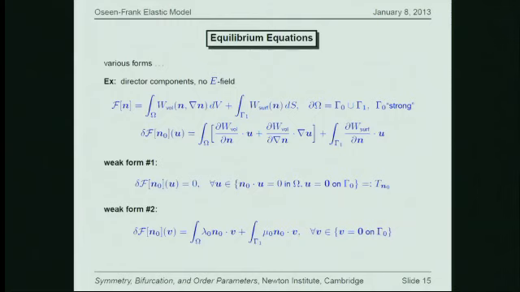The equilibrium equations associated with this model can be written in a lot of different ways, and they have a generic form. If you have no electric field and you're forced to model everything in terms of director components, the first variation generically has a certain form.